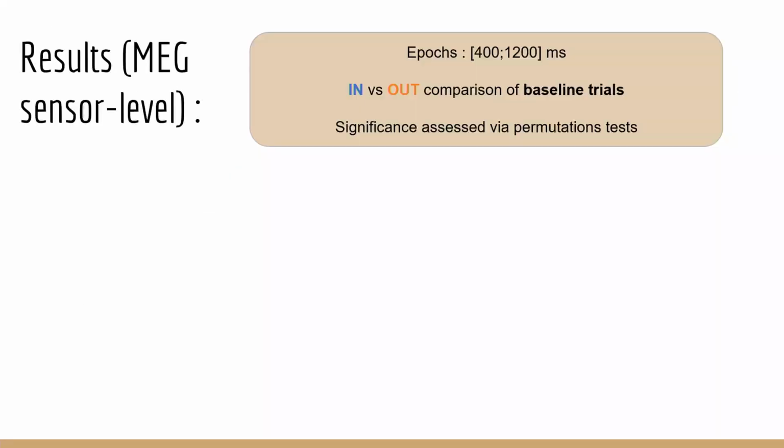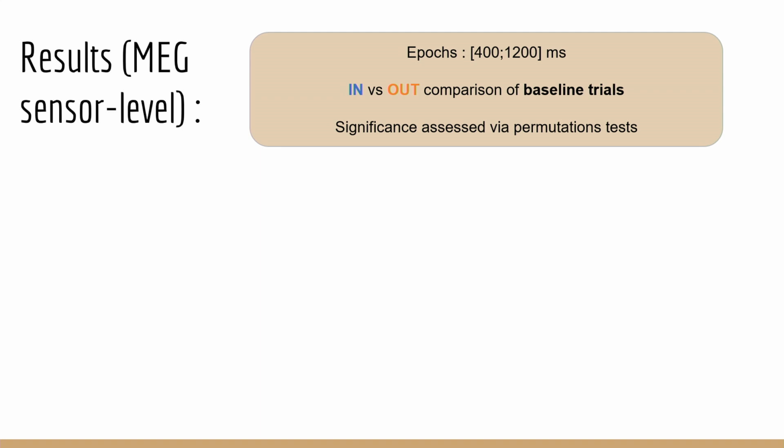But now we've decided to look into the MEG data. And to do that, we segmented our signal between 400 and 1200 milliseconds after the start of appearance of a stimulus, because it corresponds to the period in which the stimulus is present in more than 50% of the image.